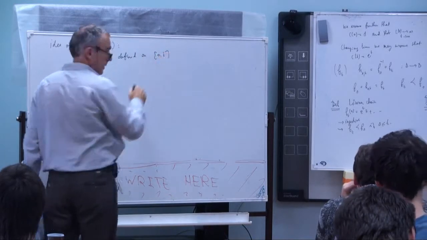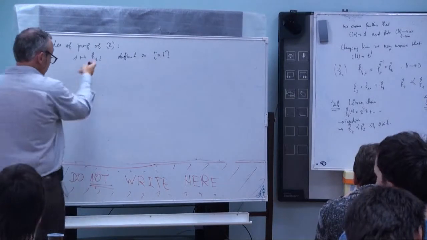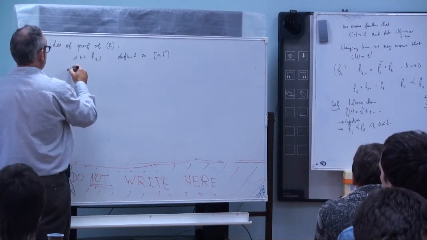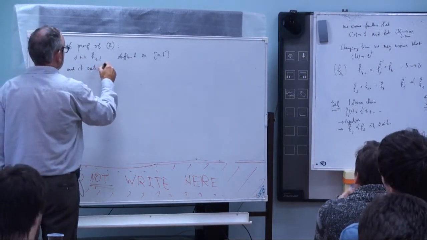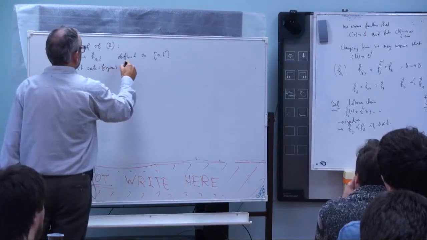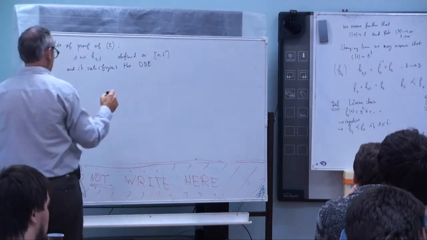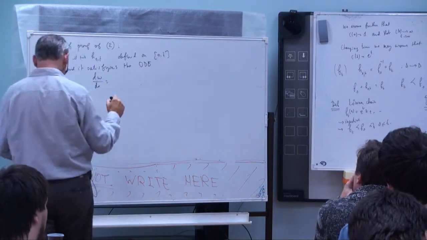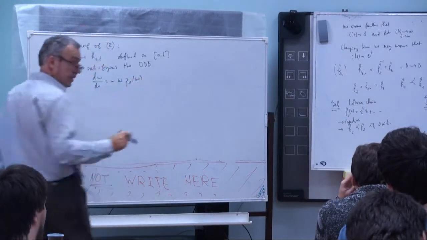And if you differentiate this, it satisfies the ODE d omega over ds is minus omega p_s of omega.